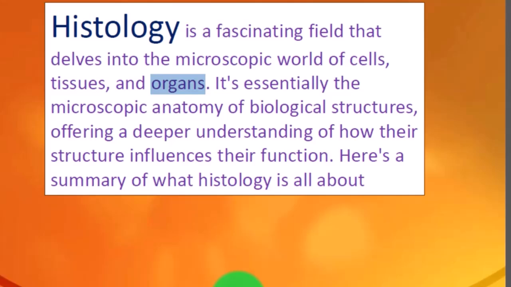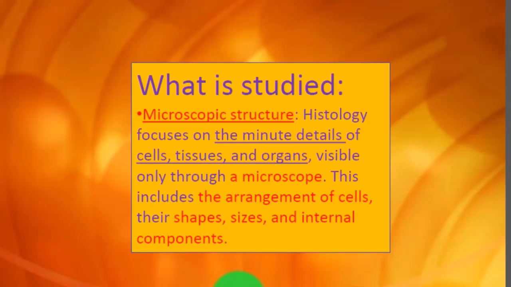Here is a summary of what histology is all about. What's studied? Microscopic structure. Histology focuses on the minute details of cells, tissues, and organs visible only through a microscope. The microscope is our tool to explore histology.